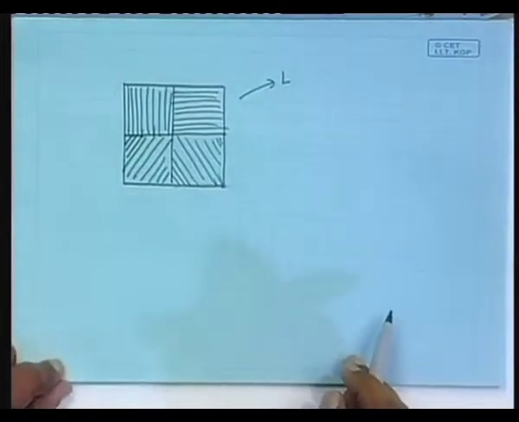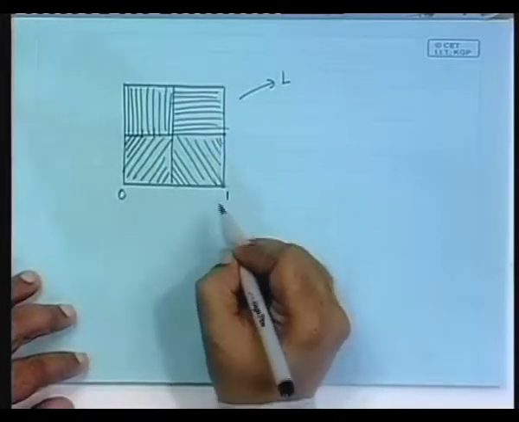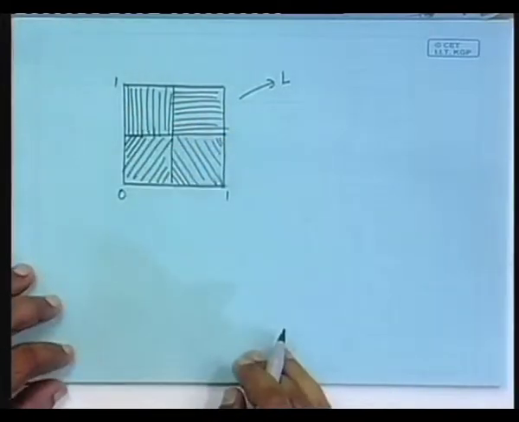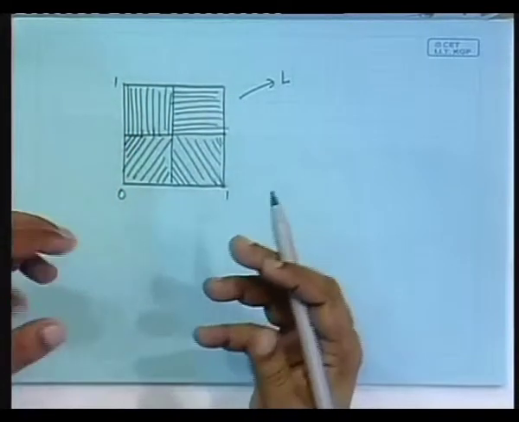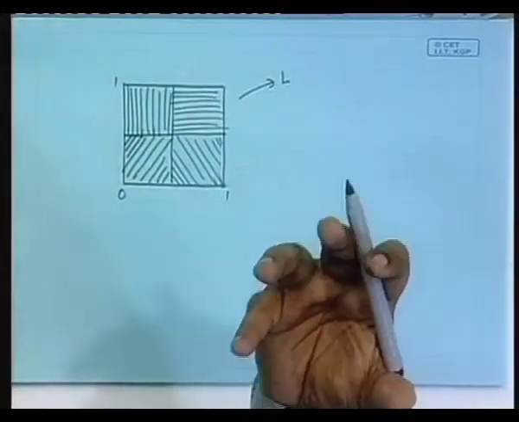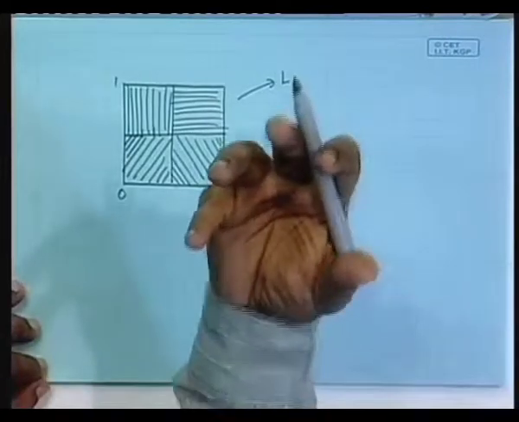Can you do that? Pretty trivial. Say this is 0, 1, 0, 1. From the whole square, how to write down the affine transformation that will generate this?